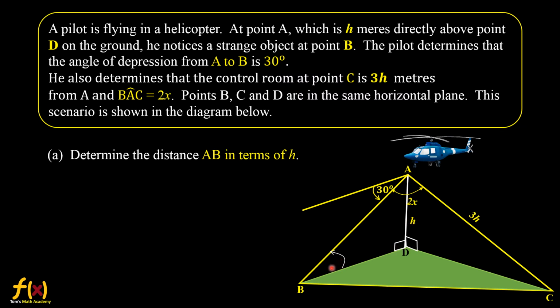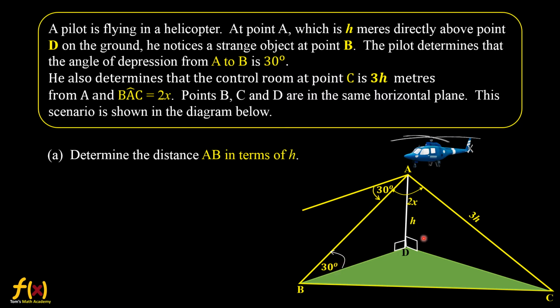We have to think about the angle ABD. Angle ABD is 30 degrees because the horizontal and the ground are parallel. Look at this horizontal line, and here is the ground. So that one is an alternate angle. So if the angle of depression is 30 degree, angle ABD is also 30 degree.